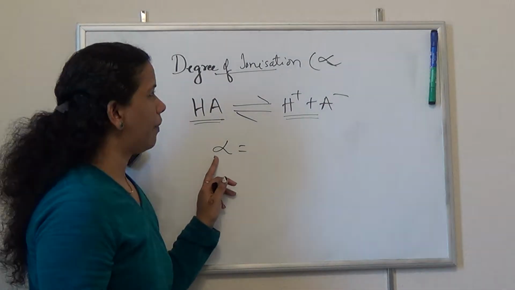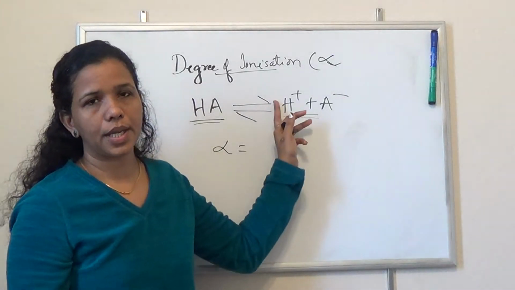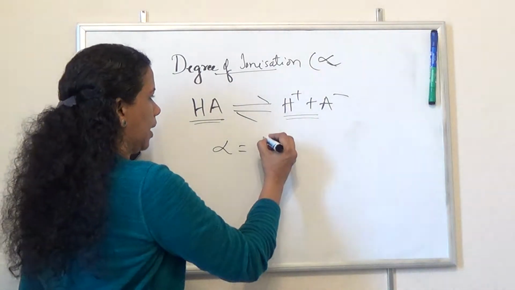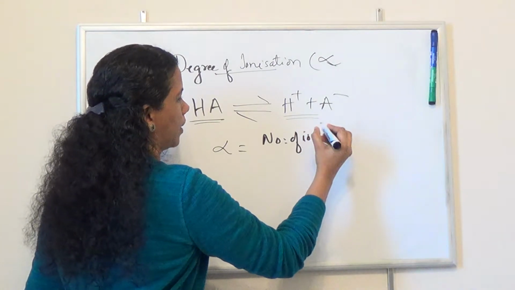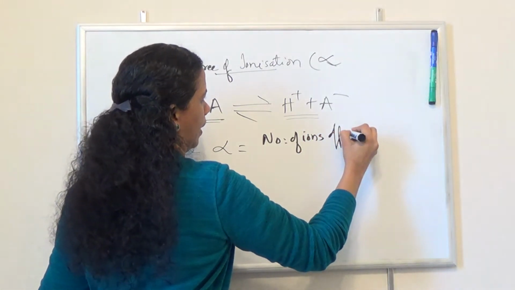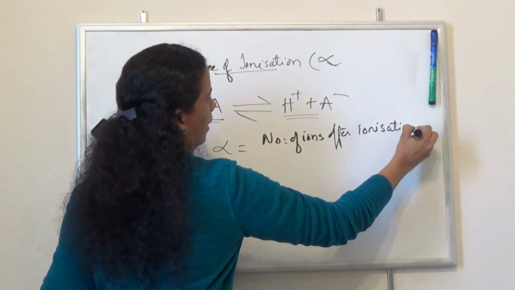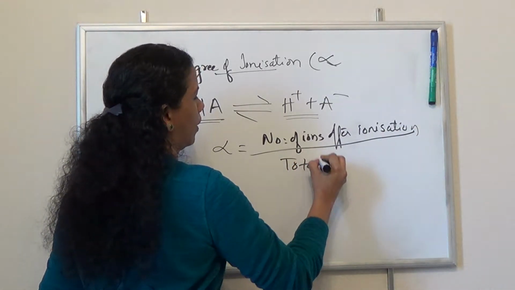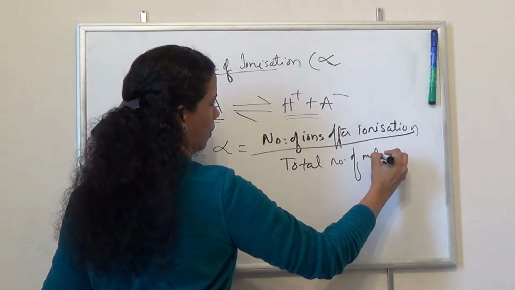So the degree of ionization is defined as the ratio of dissociated molecules to the total number of molecules. That is, the number of molecules or ions after dissociation or ionization divided by the initial number of molecules, that is the total number of molecules.